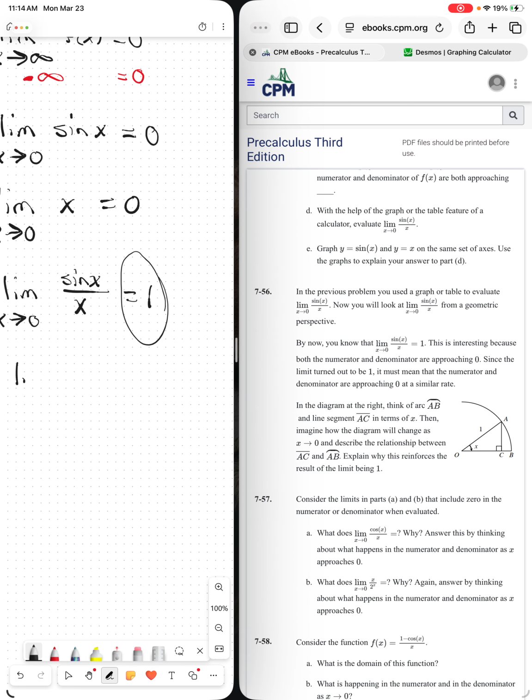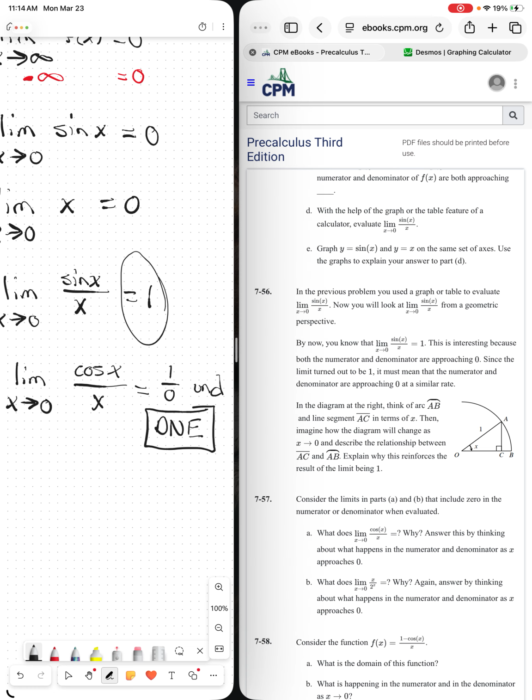What does the limit as x approaches 0 of the cosine of x over x equal? Well, this is 1 over 0, which is undefined. So the limit does not exist. That's different, right?